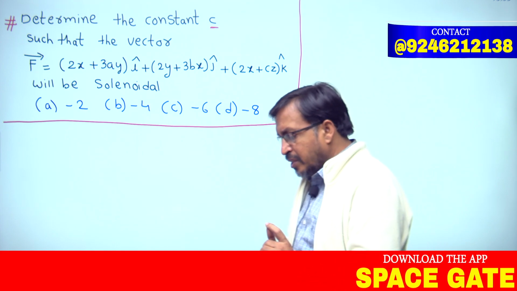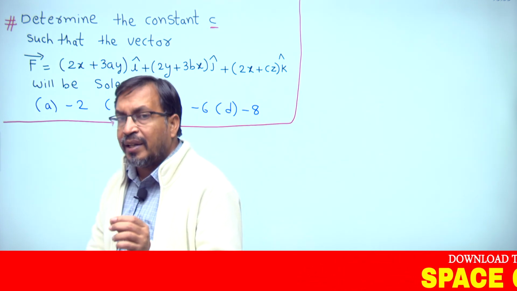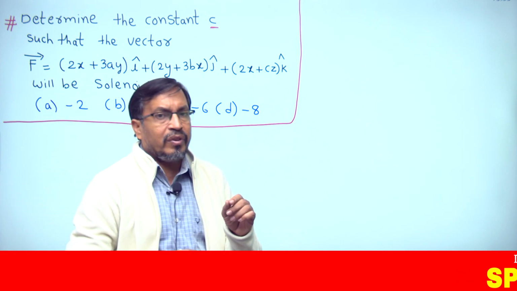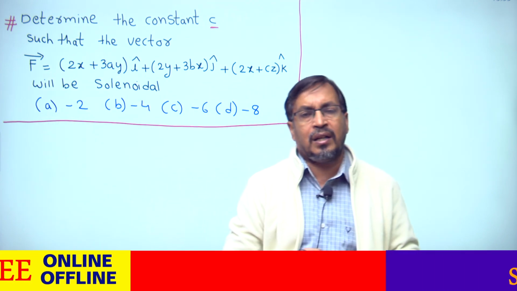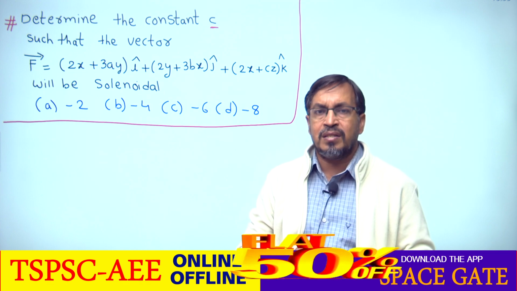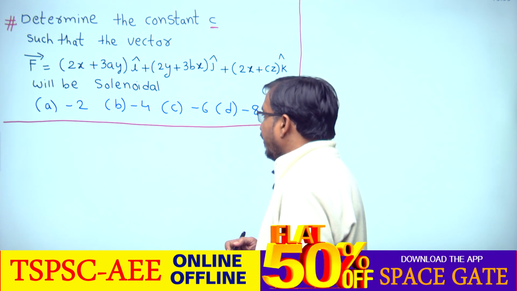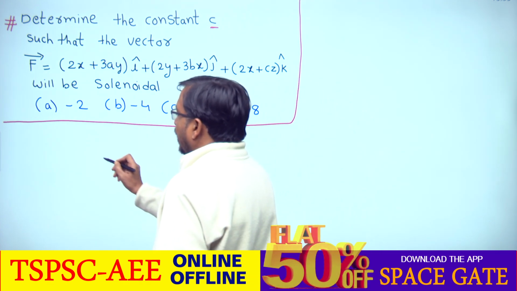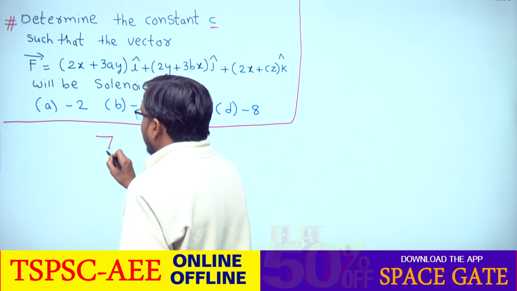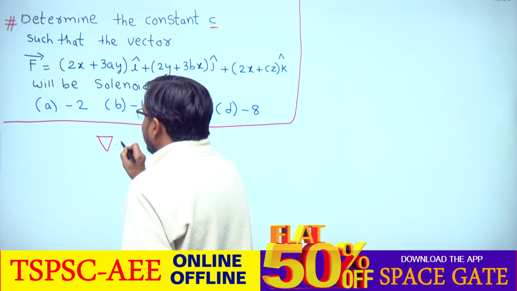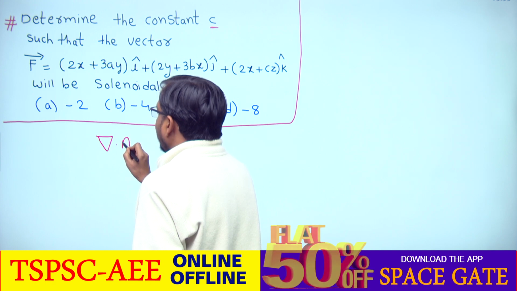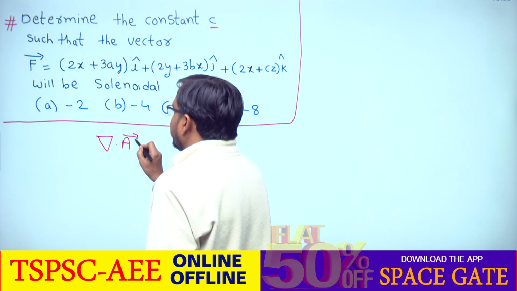First, remember the condition for a vector to be solenoidal. A vector will be solenoidal when the divergence of that vector is equal to 0.